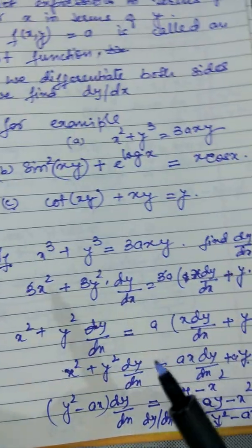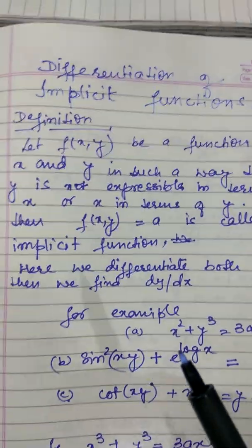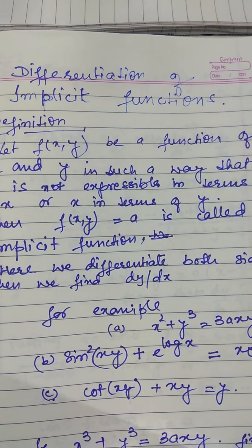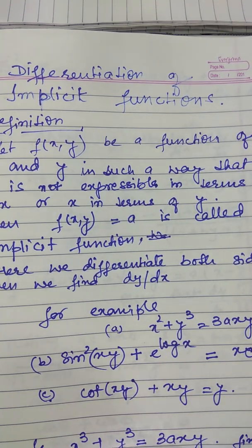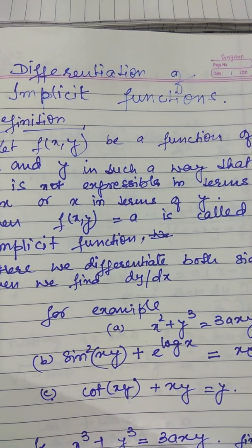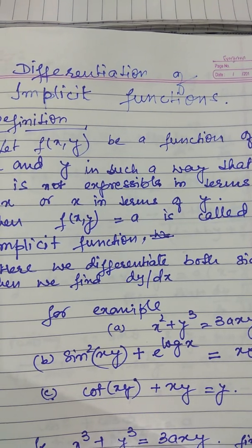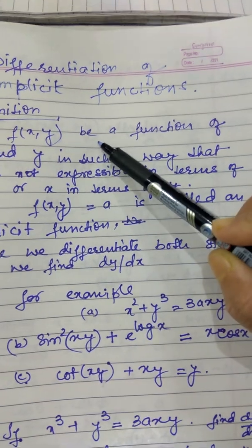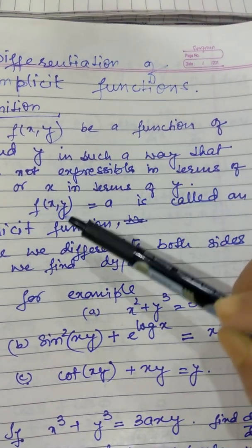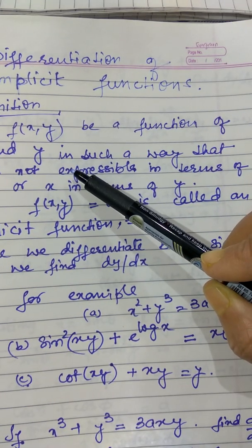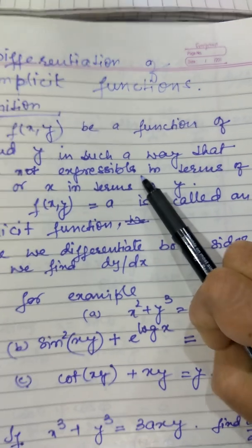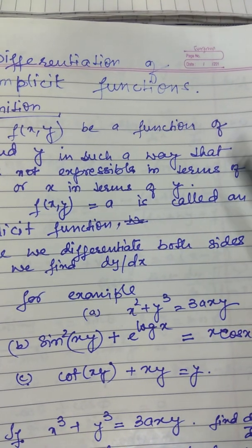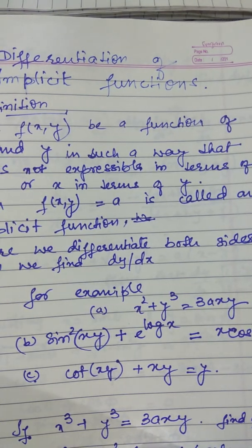Now, differentiation of implicit functions. First of all, what do we mean by an implicit function? Suppose there is a function defined in x and y such that y is not expressible in terms of x, or x in terms of y.